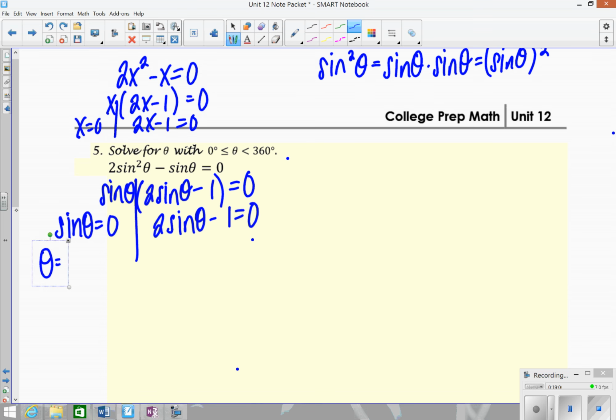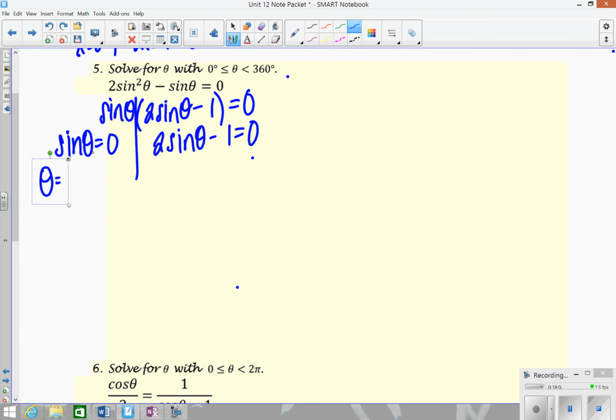And remember, whenever it's sine theta equaling 0, this is a good one to either set up your unit circle or your graph. Remember, you have your 4 key points. For sine, it's going up to 1, 0, down to -1, 0.